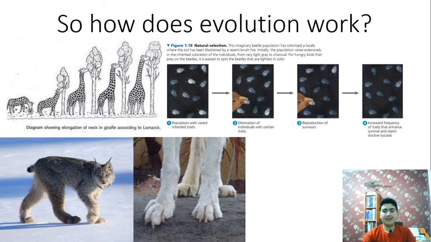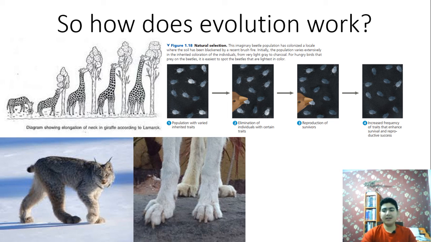So the suitable organisms are living and the unsuitable ones are dying. We see the products of natural selection in the exquisite adaptation of various organisms to the special circumstances of their way of life and their environment.